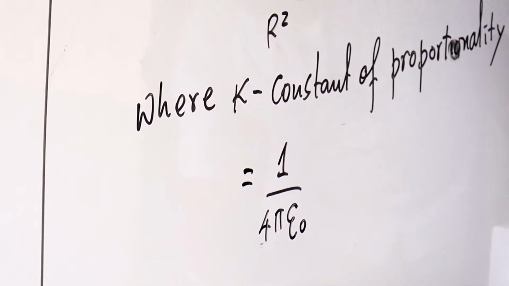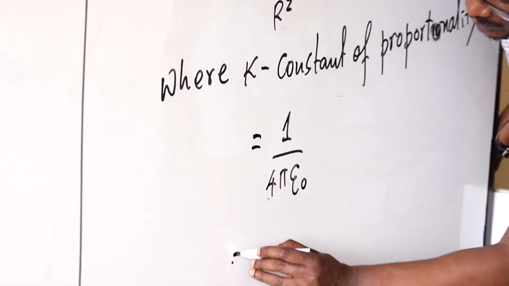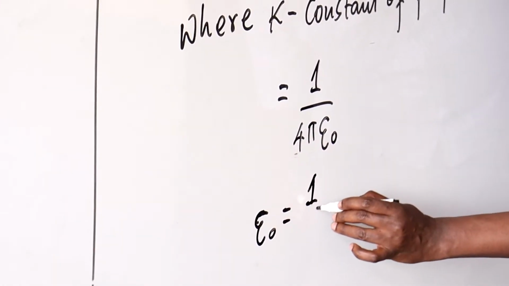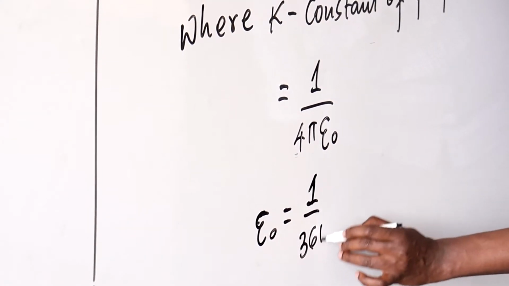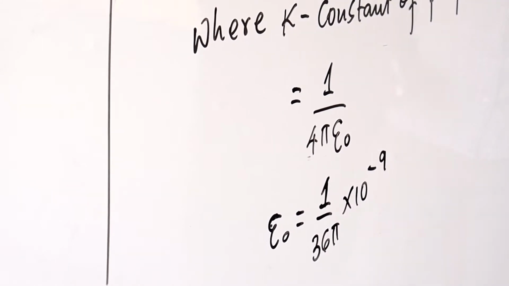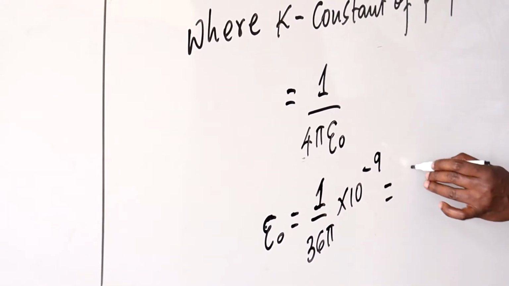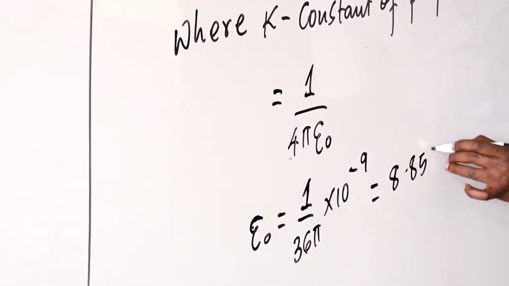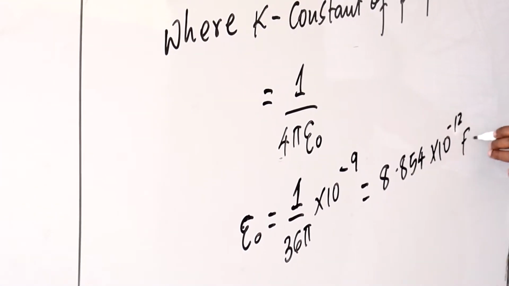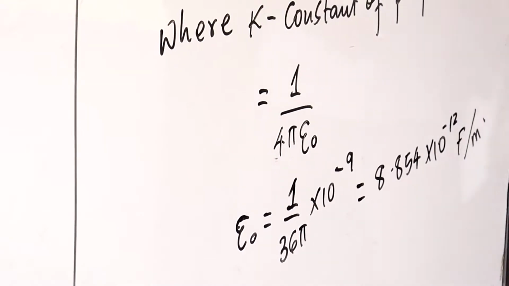And we also know that the value of epsilon naught is the same as 1 over 36 pi times 10 to power negative 9, which is the same as 8.854 times 10 to power negative 12 farad per meter, like so.